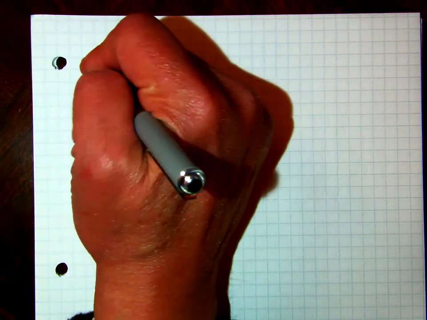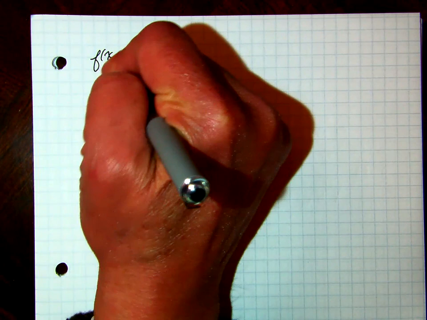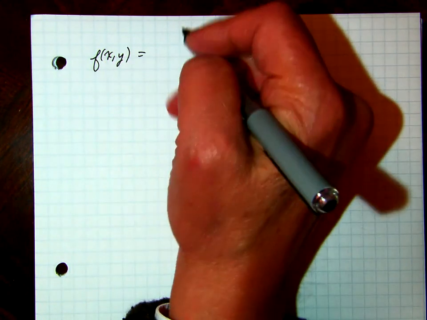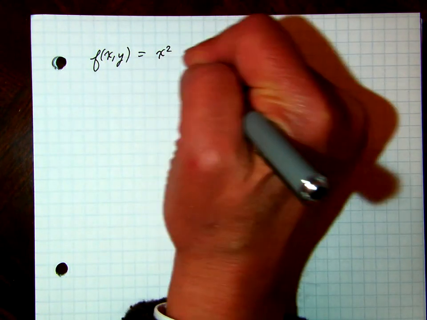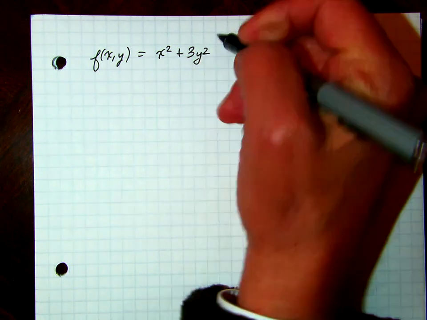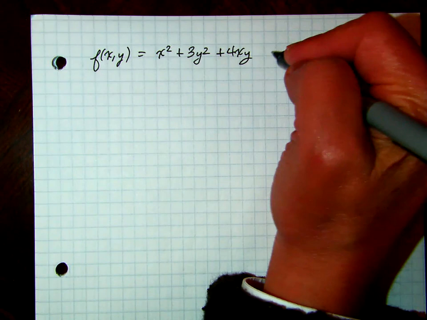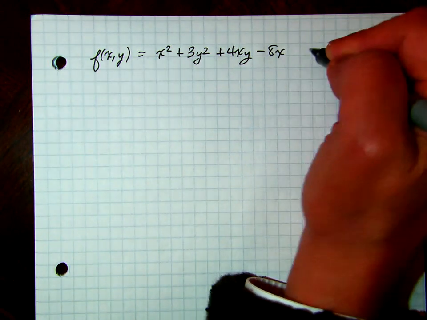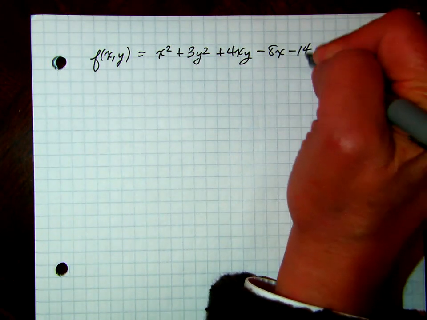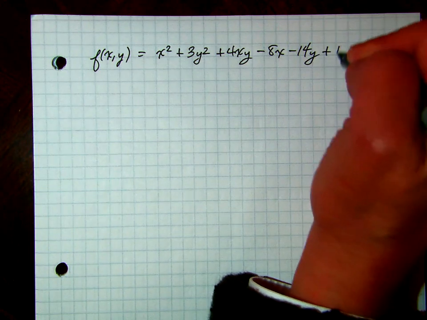What if we tried another example that looks similar, but turns out not to work out the same way? In this case, we have f of xy equals x squared plus 3y squared plus 4xy minus 8x minus 14y plus 15.